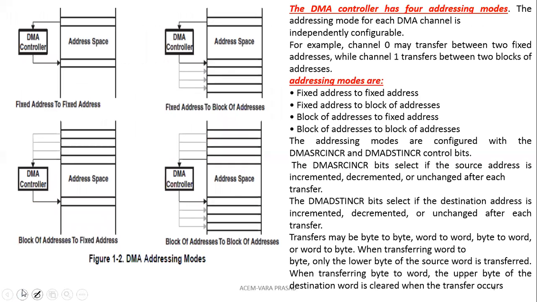So how many addressing modes are there? 4 addressing modes are available. What are those 4 addressing modes? Fixed to fixed, fixed to block, block to fixed, and block to block. What does that mean? Let's take the first one, fixed to fixed.